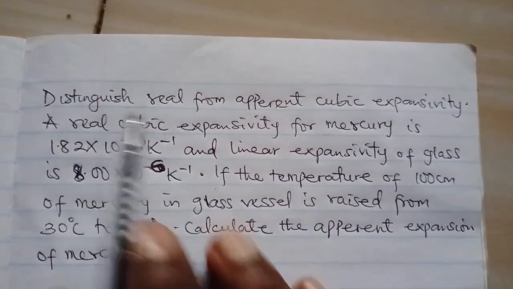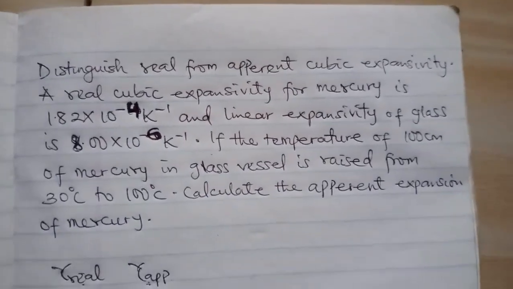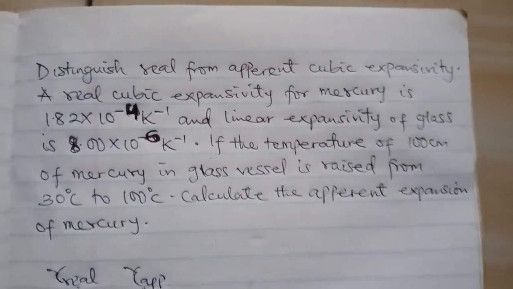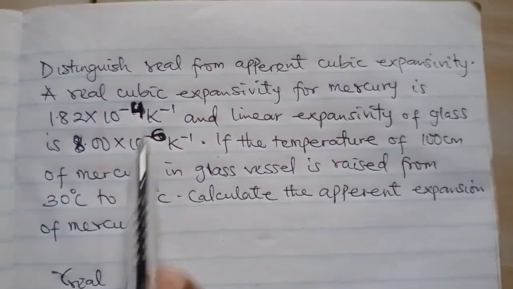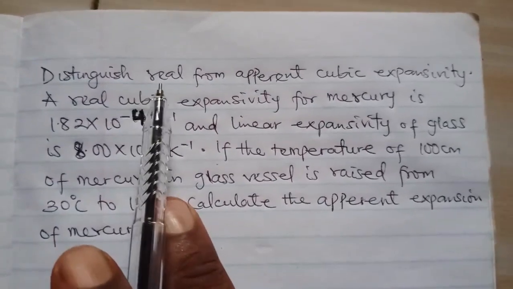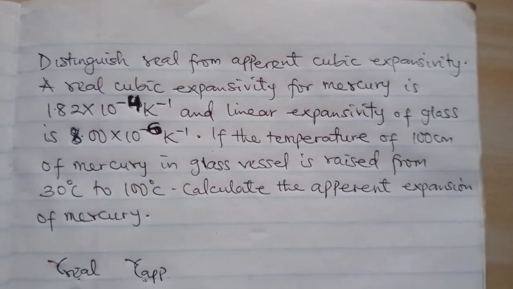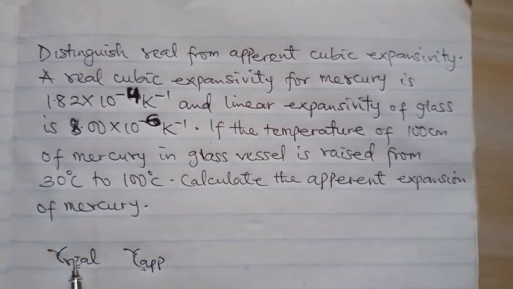Let's begin with the definition of this. Real cubic expansivity, or absolute cubic expansivity, we denote it with this.